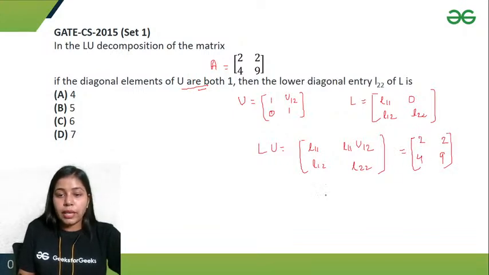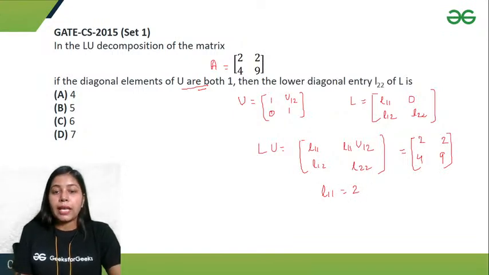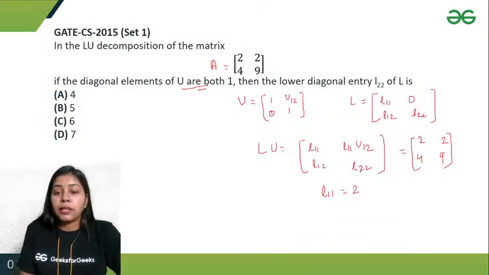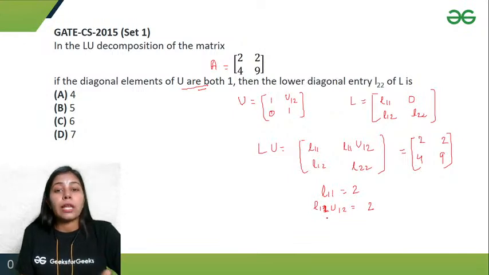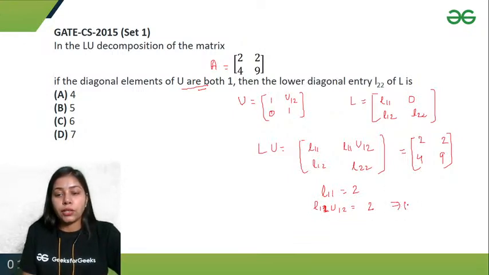We get L11 equals 2. On comparison, L11 is 2, and L11 times U12 equals 2. But L11 is 2. If I put the value of L11, we will get U12 equals 1.